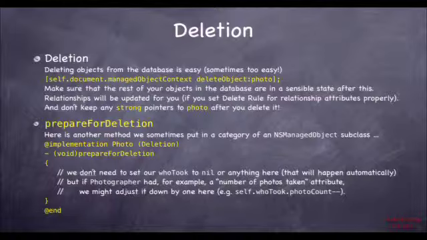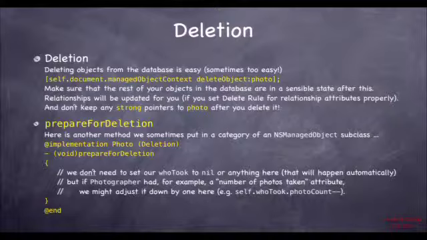But what if you had something in whoTook, your photographer, which is like a count of how many photos it had? You might want to update that count by reducing it by 1 because you're about to get deleted. You're a photo. Does that make sense? So in other words, you might update other state in your database knowing that you're going away. You haven't gone away by the time this is called, but you're going to. It's irrevocable that you're going to go away.